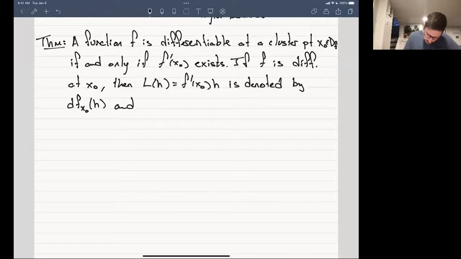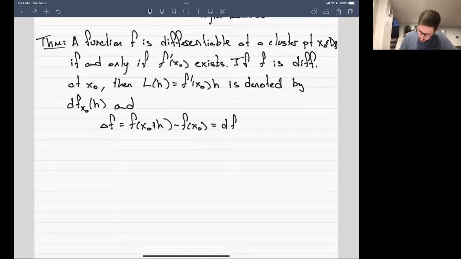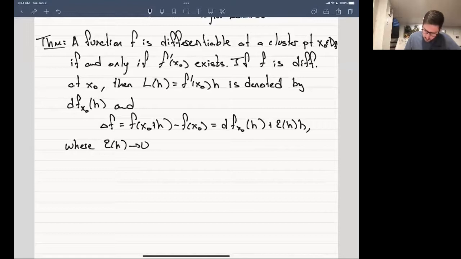And delta f is equal to f of x0 plus h minus f of x0. We've already seen that part. And from the differentiable definition, we know that this thing has to look like this. And of course, where epsilon of h goes to 0 as h goes to 0.